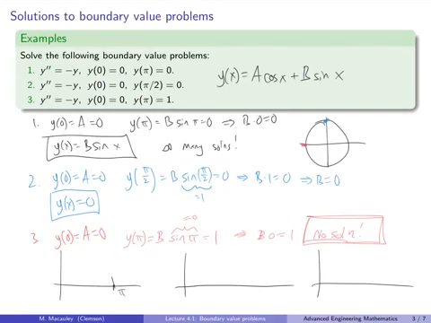So for example, there's a function. This is, say, sine of x. We can have 2 sine of x, 3 sine of x, etc. Any of these, even negative, is going to work. All we need is a sum of sine and cosine waves like this with period 2 pi that go through this point and go through that point. So there's a whole infinite family of them.